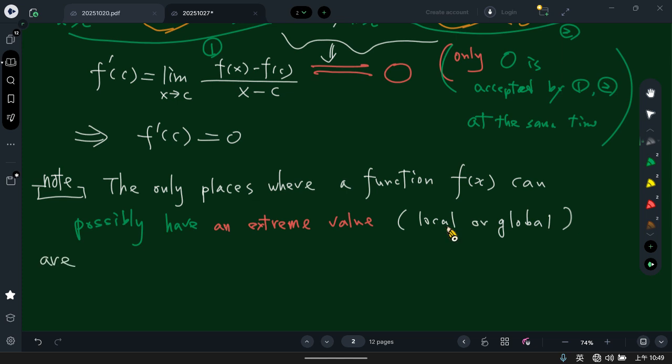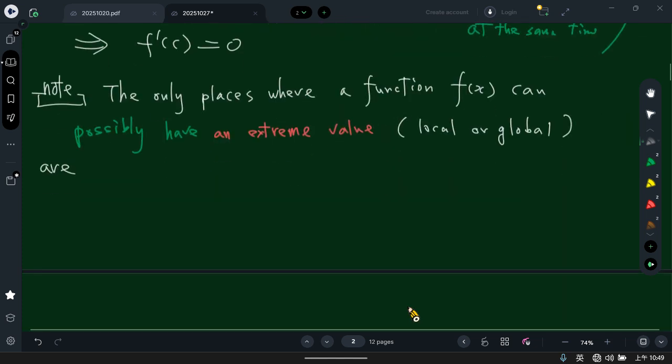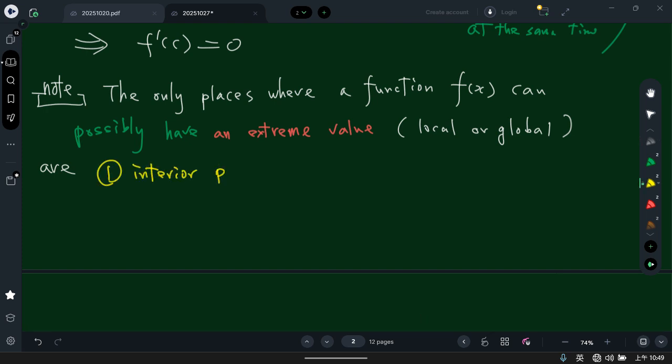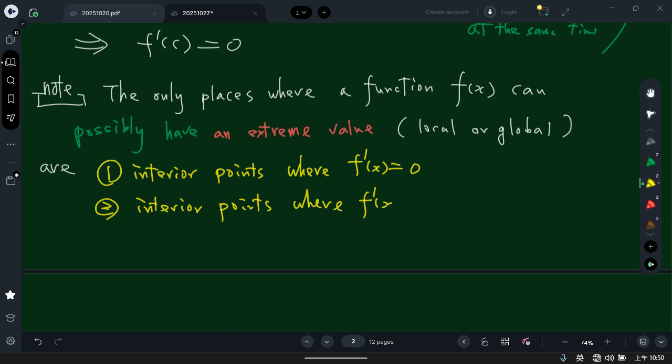So what places? The first one is the interior point where f prime x should be 0. The second one is the interior point, but where f prime x is undefined.